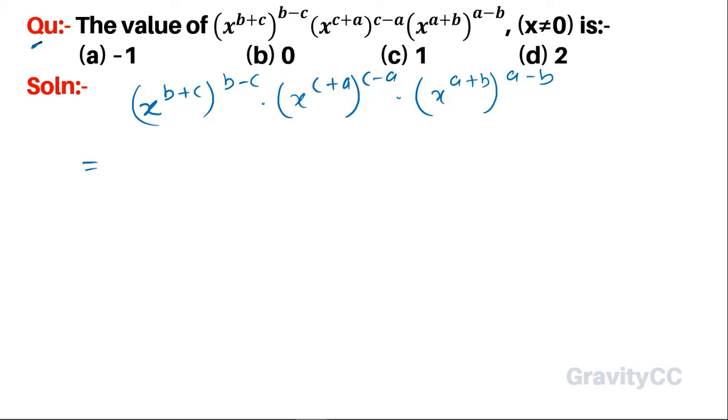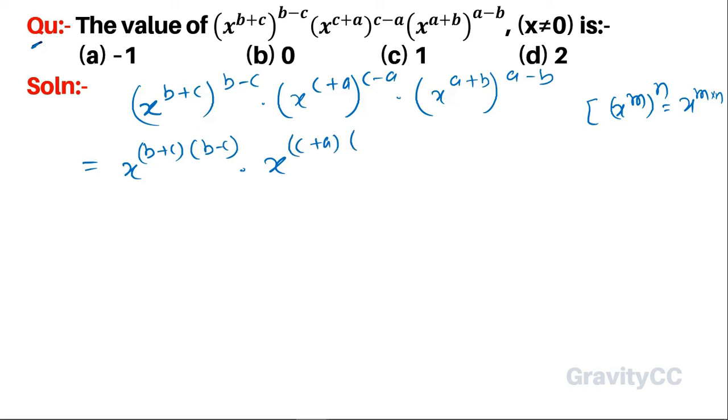And we know that x to the power m to the power n is equal to x to the power m into n. So x to the power b plus c into b minus c, into x to the power c plus a into c minus a, and x to the power a plus b into a minus b.